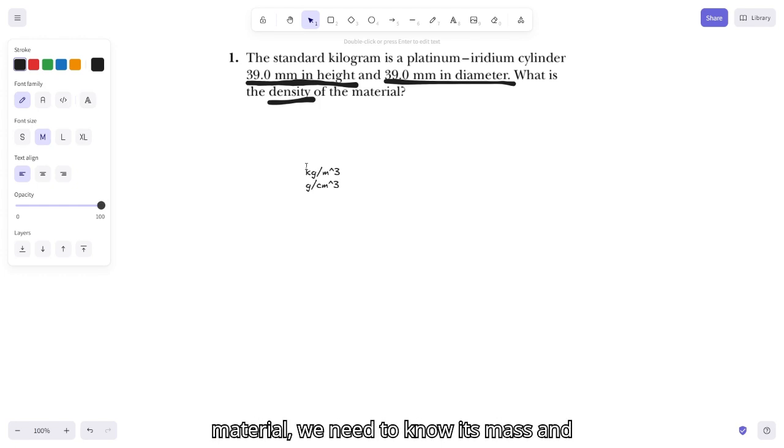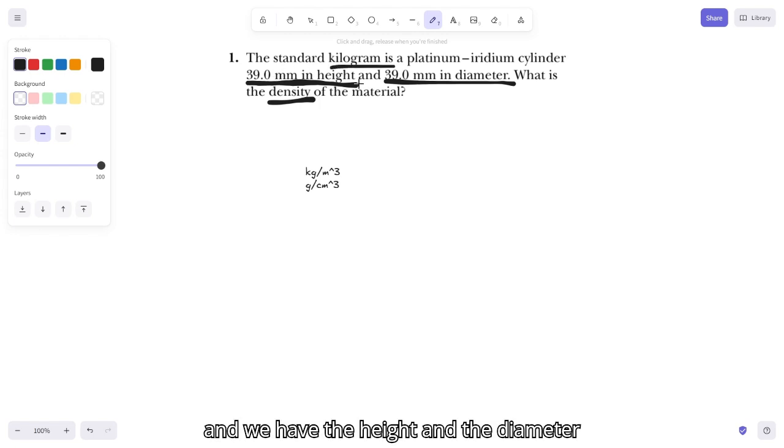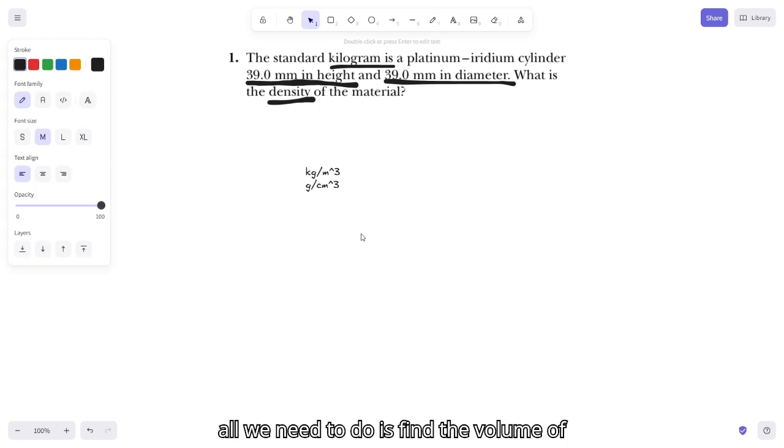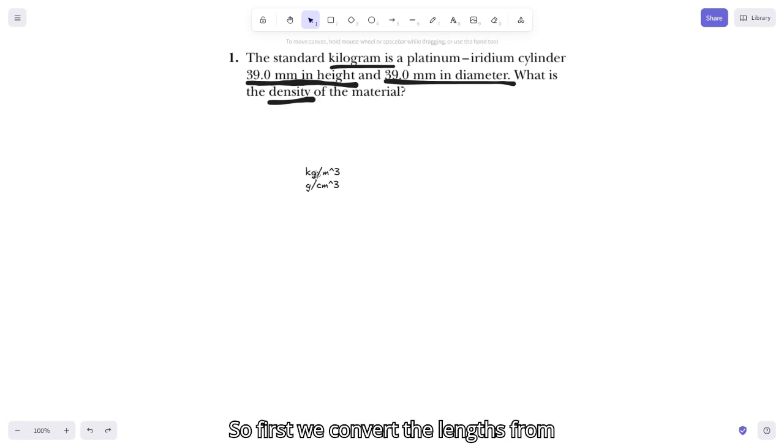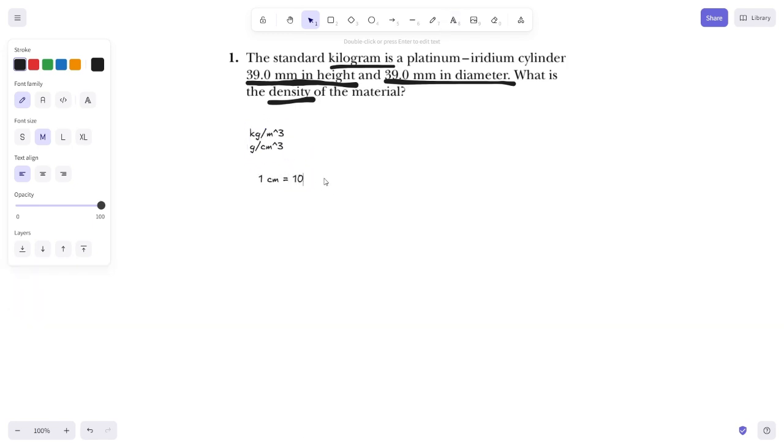To find the density of the material, we need to know its mass and volume. We know that the mass is 1 kilogram, and we have the height and the diameter of the cylinder. All we need to do is find the volume of the cylinder, which is pi r squared h. So first, we convert the lengths from millimeters to centimeters. 1 centimeter is 10 millimeters.